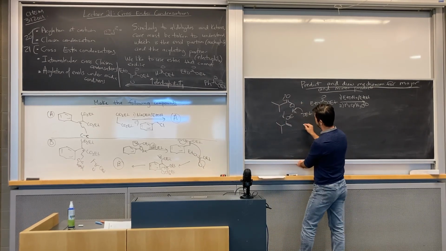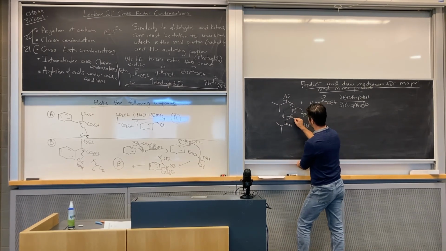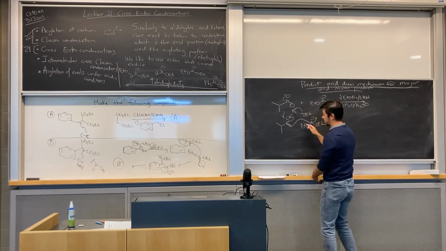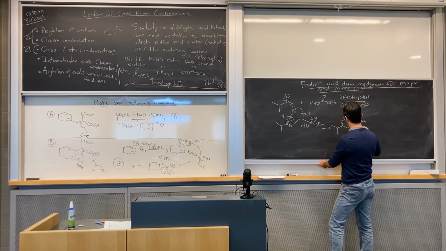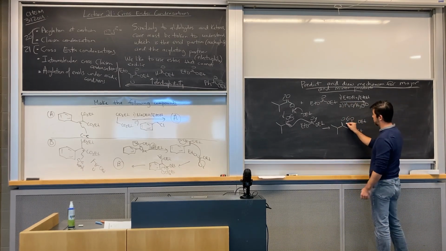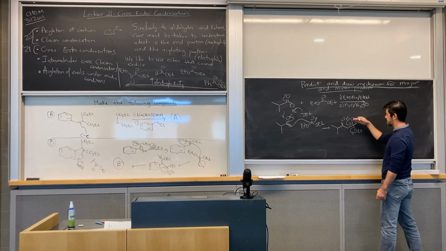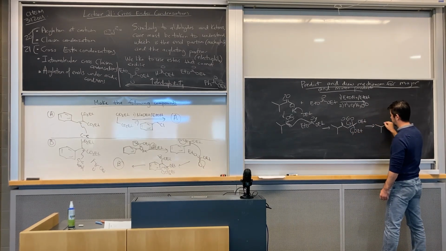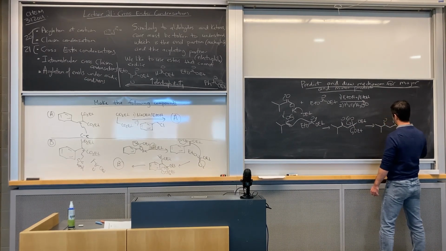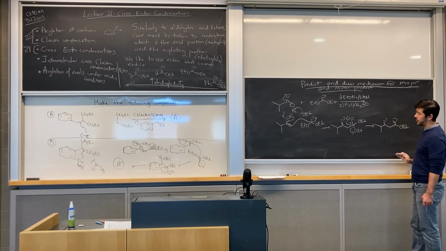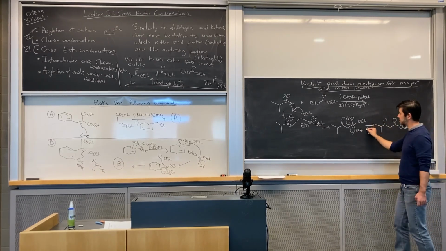And then your enolate will come react with the acylating partner. Generate this, electrons will come down. Generate this. In terms of a mechanism, right, all these steps are reversible.